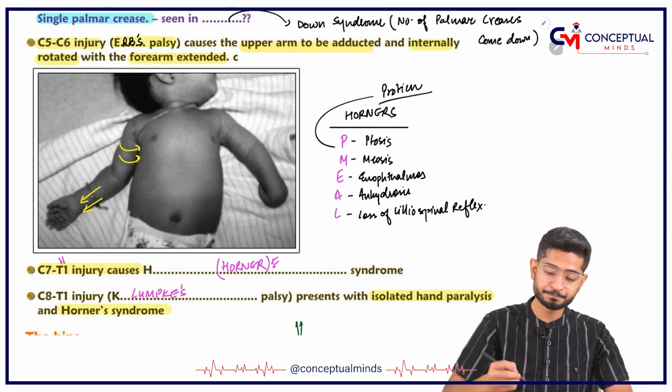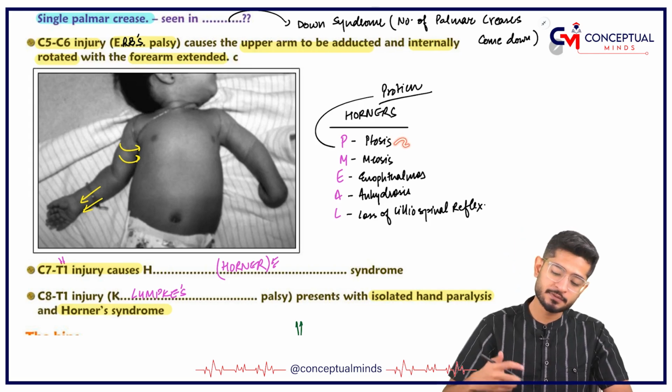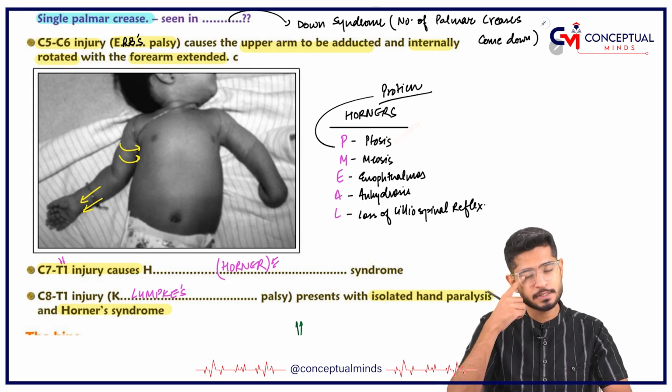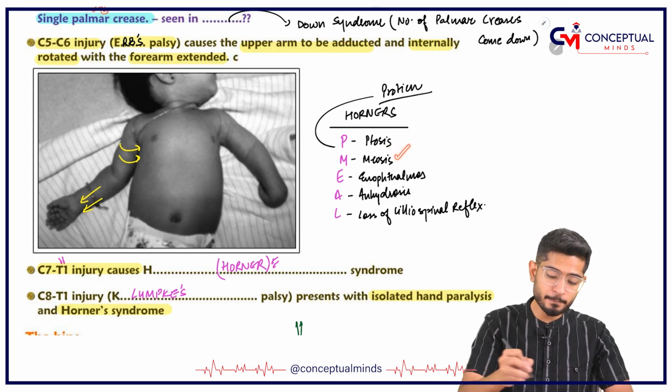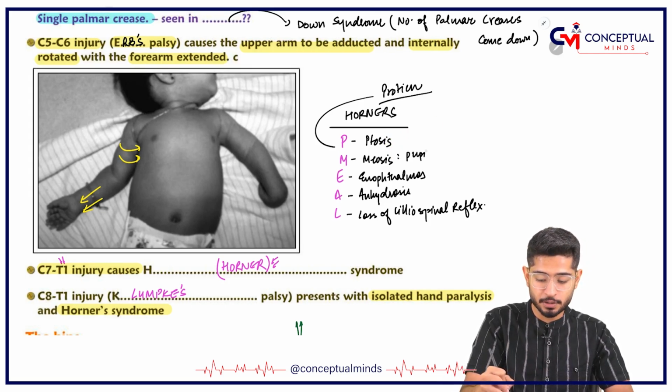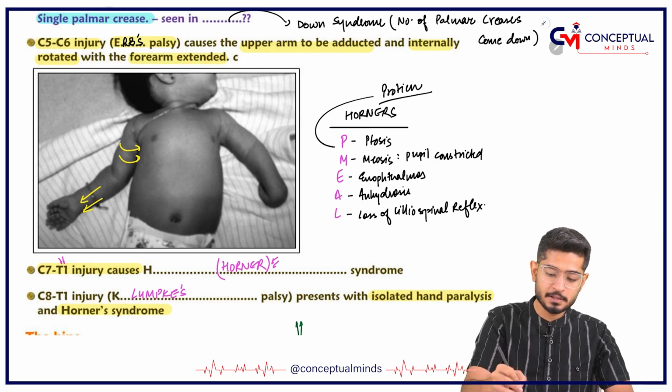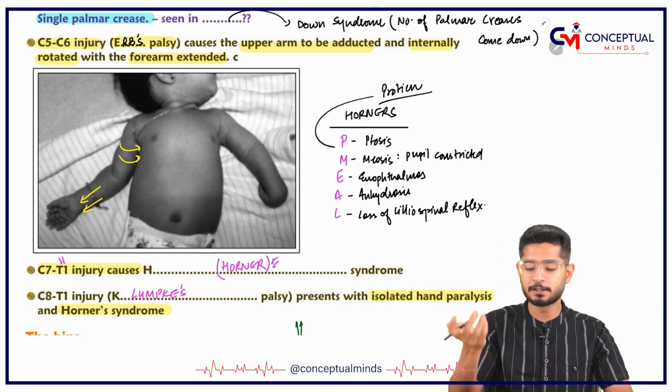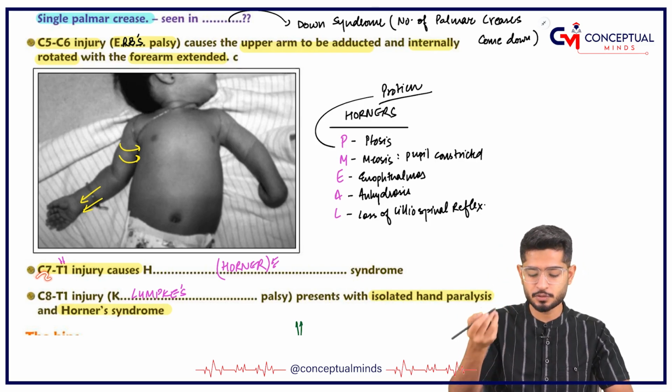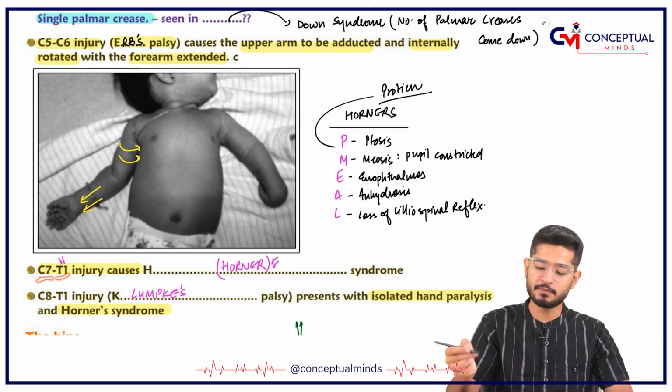So what does this protein meal abbreviation stand for? P for ptosis. Of course, they will be having drooping of the eyelid. Miosis. What is miosis? Miosis means the pupil is always constricted, because there is a nerve which supplies the sphincter pupillae. That is also injured because C7 and T1 are injured.